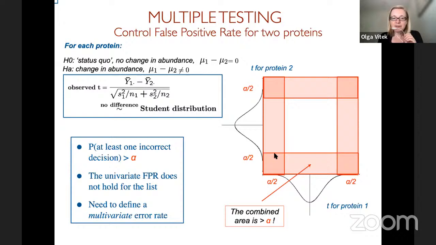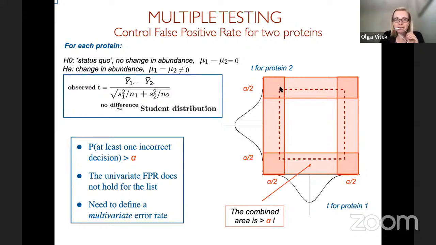So what this means is that we have to be more careful, right? And being more careful here really means more conservative, right? So for example, if we change the decision boundary as shown with this dashed line and only reject the null hypothesis if we are in this outside region of this dashed line, then we could make sure that the area outside of the dashed line is 5% or whatever we want it to be.